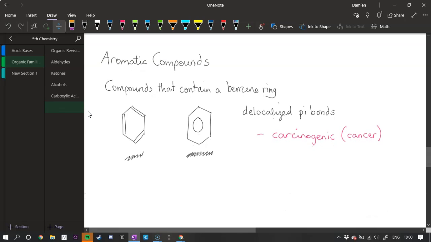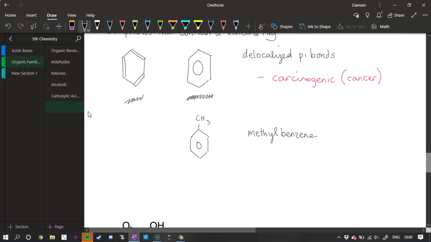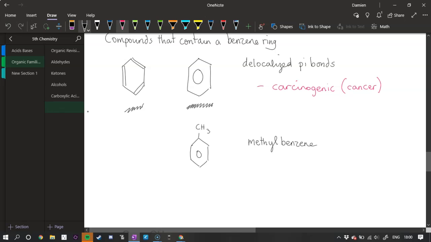So for example, you can take a molecule like this, which is basically benzene, and if you put a methyl group into it, CH3, this then becomes methylbenzene. Methylbenzene is not carcinogenic, and it is used, as we've seen already today, as a solvent in the chemical industry. So just by changing the structure very slightly, you turn something highly carcinogenic into something relatively harmless.